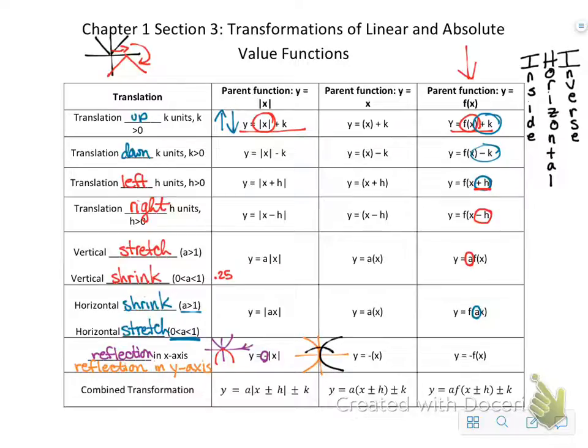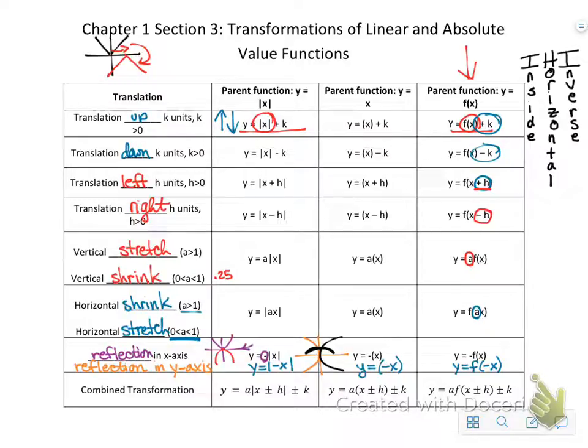So that's a horizontal change. That's going from left to right. And that's going to look like y equals f of negative x. Or y equals inside negative x. Or y equals the absolute value of negative x inside.